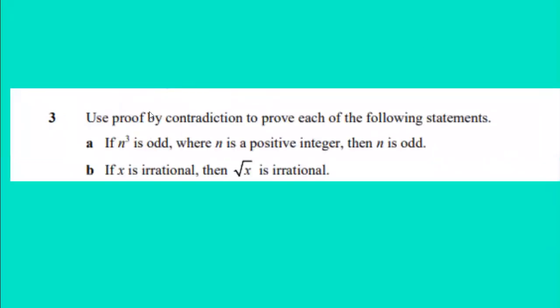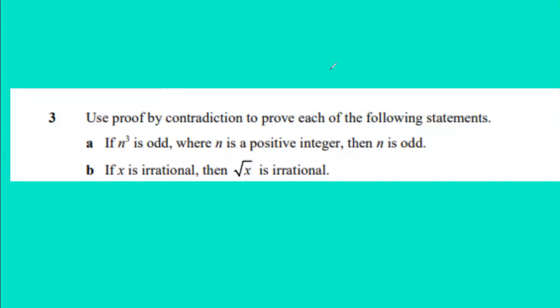Right, next question. Use proof by contradiction to prove each of the following statements. If n cubed is odd and n is a positive integer, then n is odd. So these aren't really popular amongst year 12s.